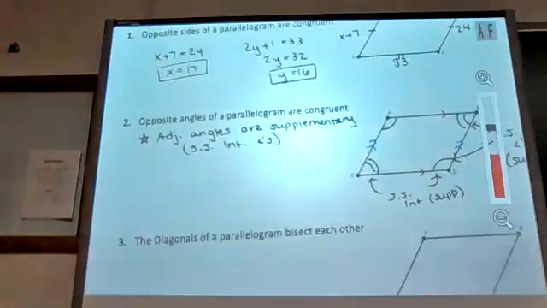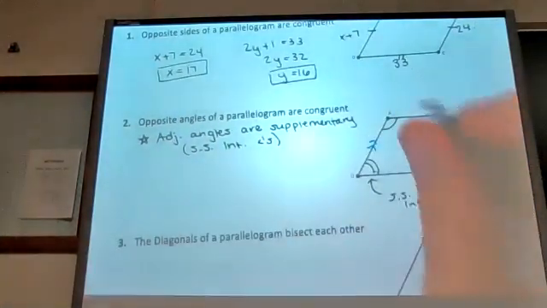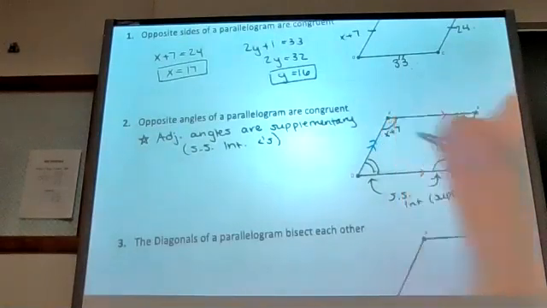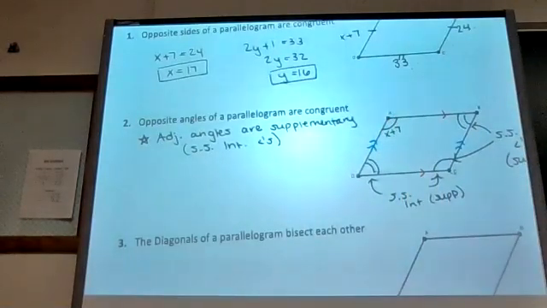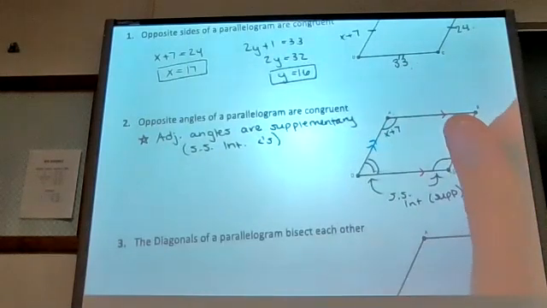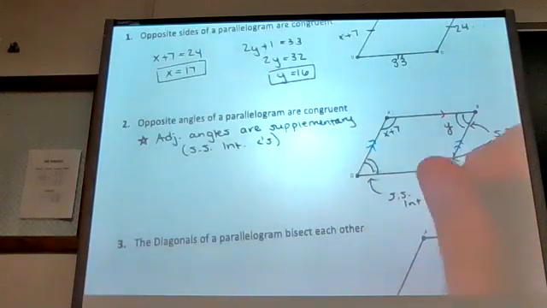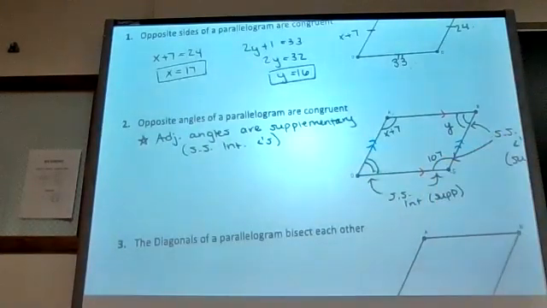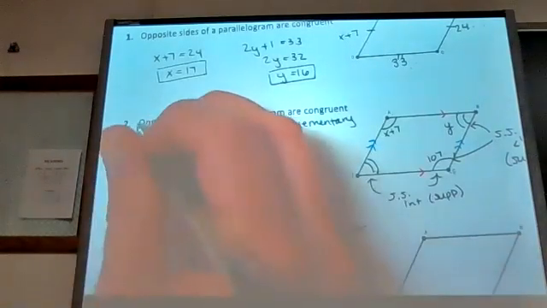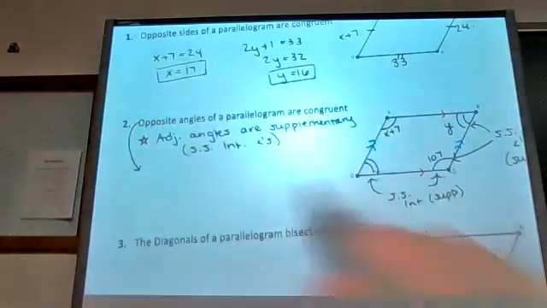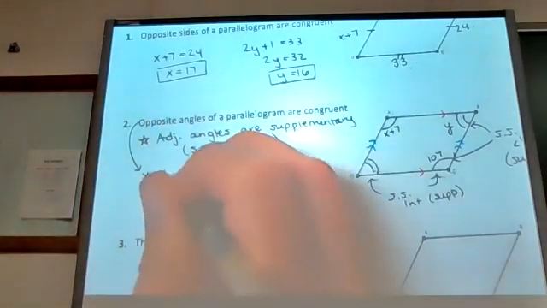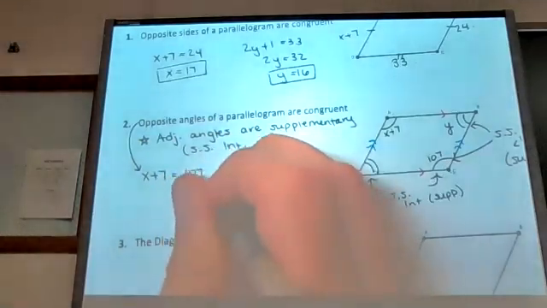So now I'm going to label my diagram, and we're going to solve for some variables. So if I have x plus 7 for angle A, y for angle B, and 107 for angle C. Well, I know that opposite angles are congruent, which means that x plus 7 has to equal 107.